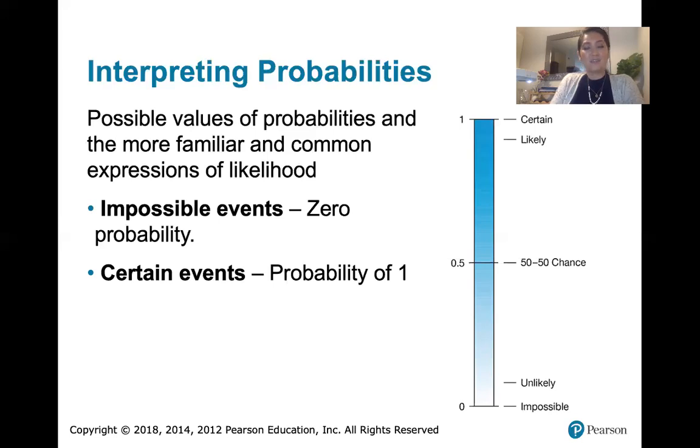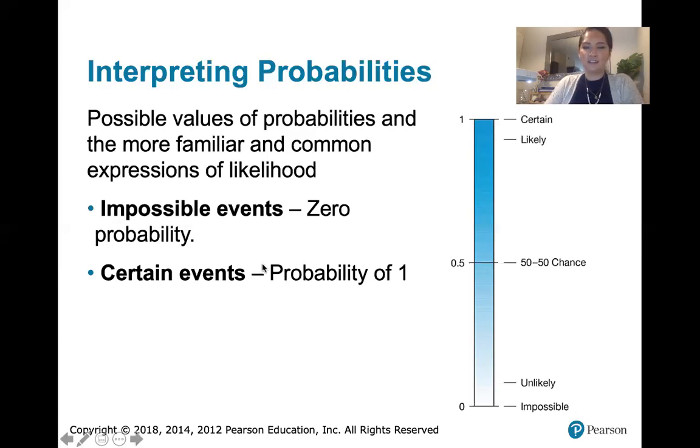Now, if something is very, very likely but not certain, for example, it's very, very likely that the sun is going to come up tomorrow morning, but we can't be certain, then that probability would be very close to 1, but it wouldn't actually be 1. Maybe it's 0.99999, and there's a lot of nines, because it is very, very likely that the sun is going to come up tomorrow morning, but there's a very tiny chance that it might not.